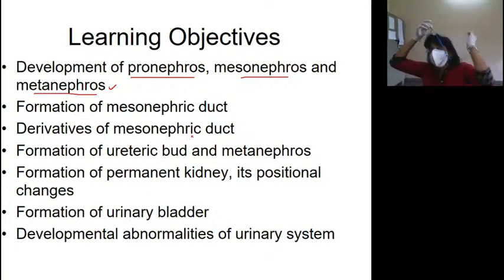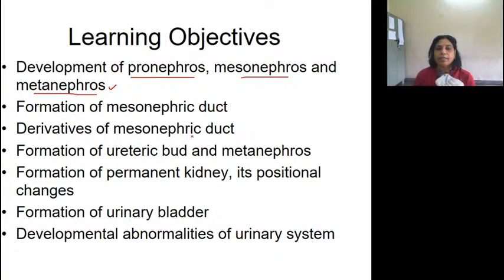What is the mesonephric duct going to give rise to in both males and females? Then formation of the ureteric bud, where this ureteric bud forms and what are all the derivatives of the ureteric bud.